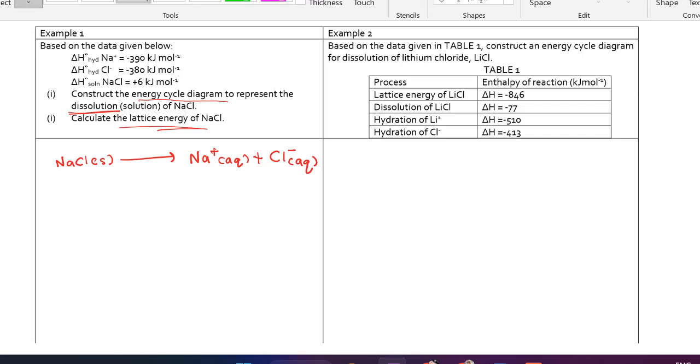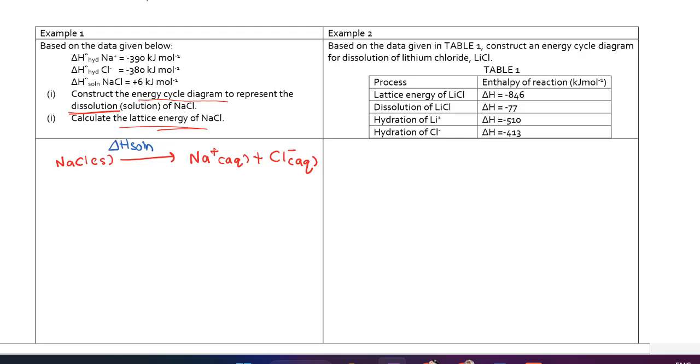This one is referring to enthalpy of solution. In the cycle, we write down positive 6 and the unit will be kilojoule. So delta H solution equals positive 6, and we only write kilojoule in the cycle.